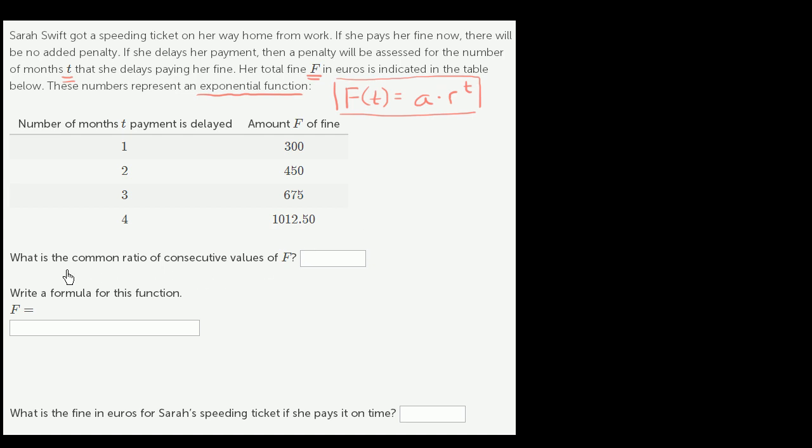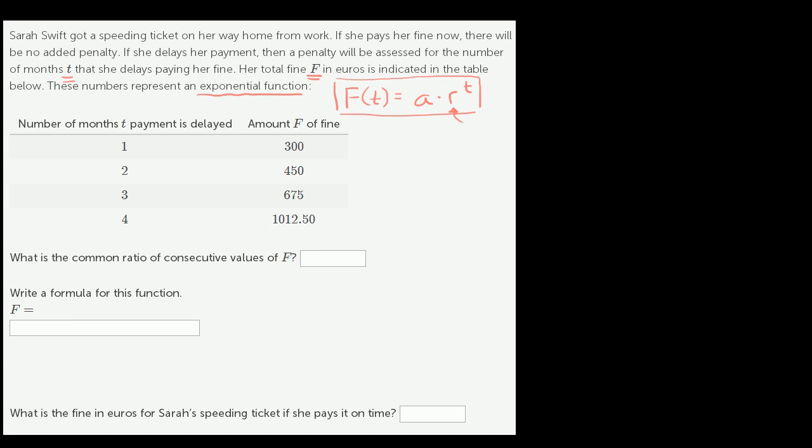So the first question is, what is the common ratio of consecutive values of f? The reason why r right over here is called the common ratio is that if you were to increment t by 1, the ratio of that to f of t should be consistent for any t. So let me give you an example here.